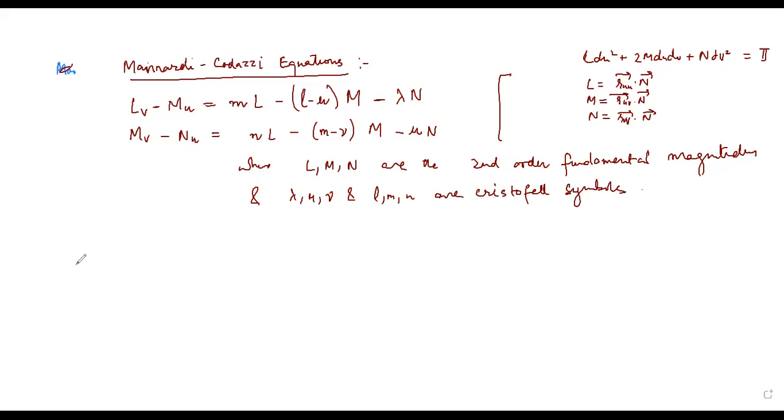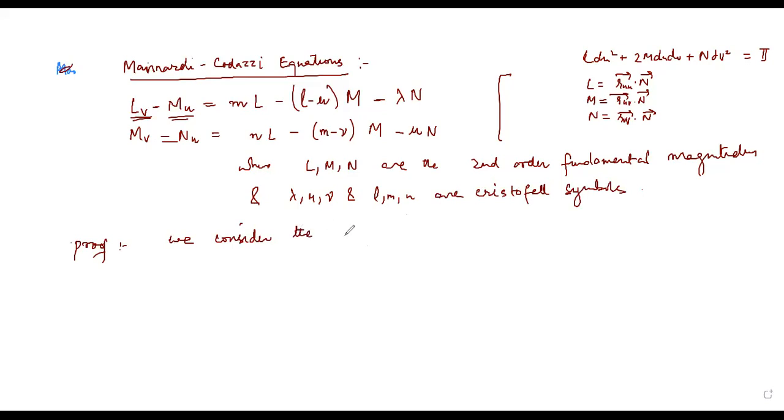They're easy to prove, rather. Proof, and we show that this is indeed true. Now this is L_v, and we're differentiating partially with respect to v here and here with respect to u. Now proof इसका ज़्यादा मुश्किल नहीं है. Now we consider this identity because our surface is smooth, so mixed partial derivatives are equal.